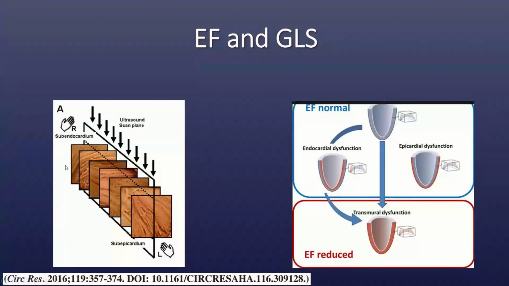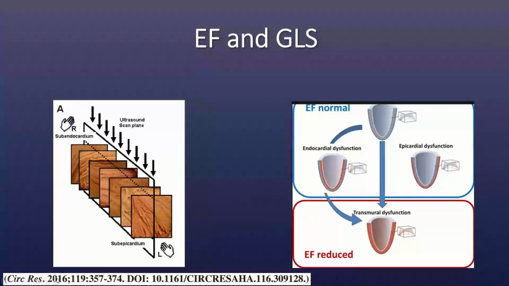Subendocardial fibers, while contracting, will be the main responsible of the longitudinal shortening of the left ventricle during systole, while mid-myocardial fibers will be responsible of the circumferential shortening of the left ventricle, while subepicardial fibers, oblique fibers, will be one of the major determinants of the radial function.